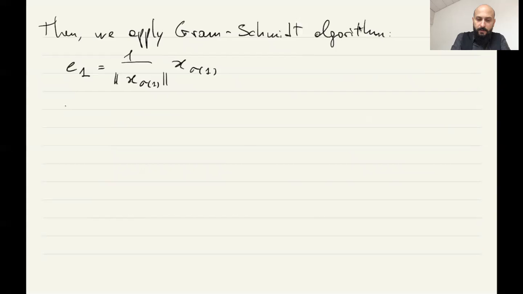Then, by iteration, the nth element is going to be what?